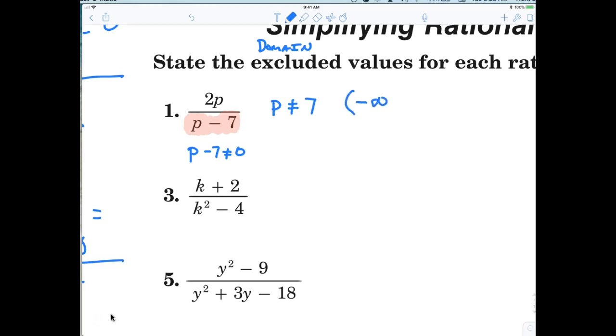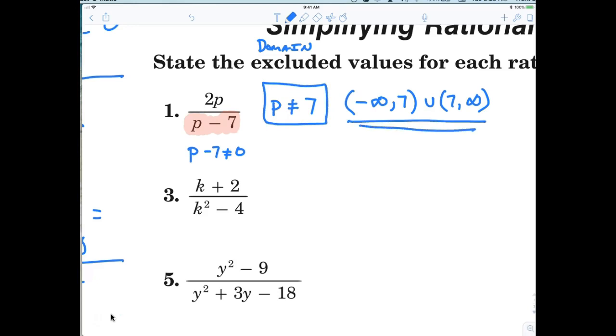So we can say P can go from negative infinity to 7, and from 7 to infinity, actually. Because remember, there's a lot of numbers between 7 and 8. So here is the answer, right here. Here is a review of interval notation. That is pretty standard now in most math classes.